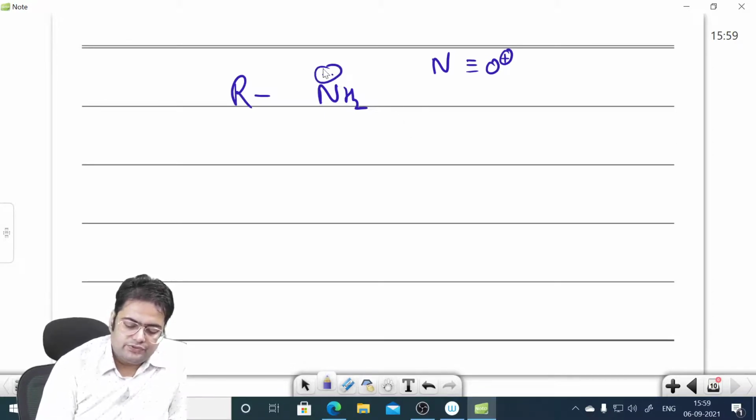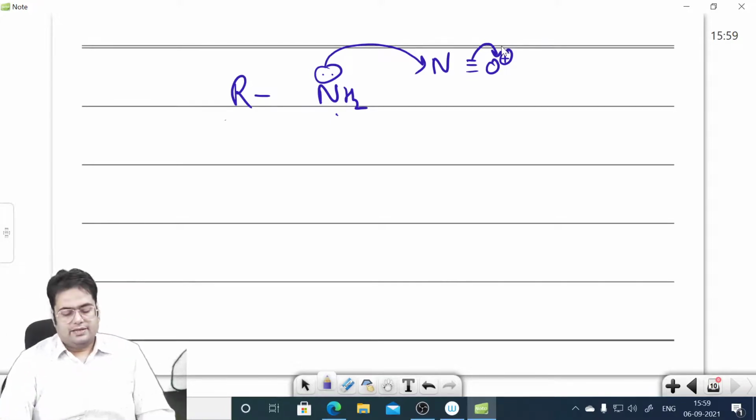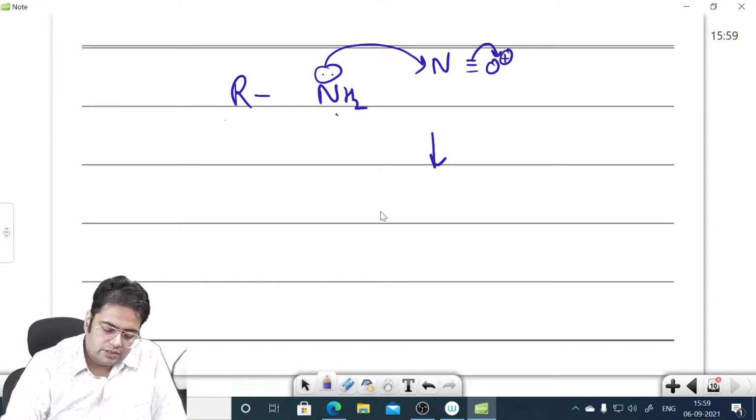In this process, we have this alkyl amine, say. This nitrogen can donate its lone pair to this, so that oxygen will get its electron back. So what we will get?